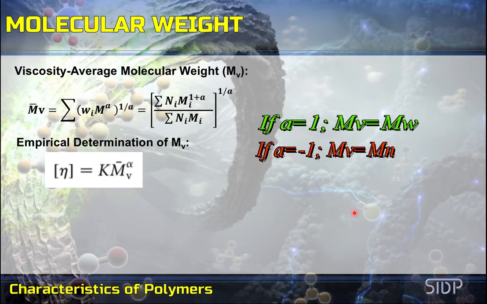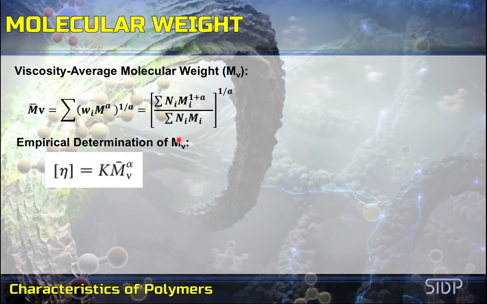Thus, Mv falls between Mw and Mn, and for many polymers it is 10 to 20% below Mw. Mv is calculated from intrinsic viscosity eta by the empirical equation, where K and alpha are constants. Eta is derived from viscosity measurements by extrapolation to zero concentration.